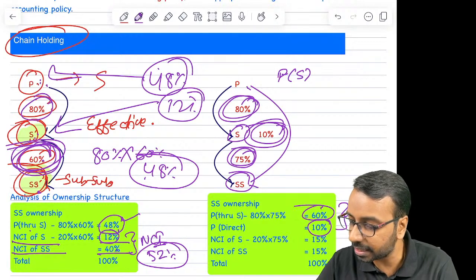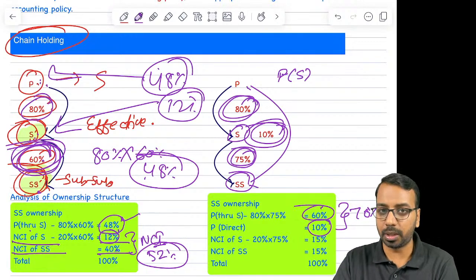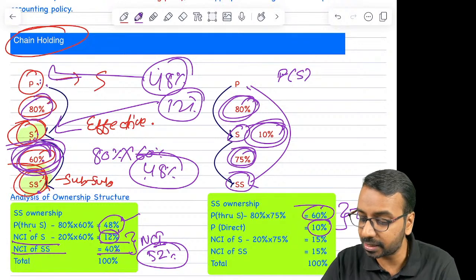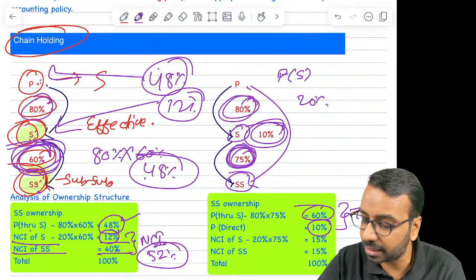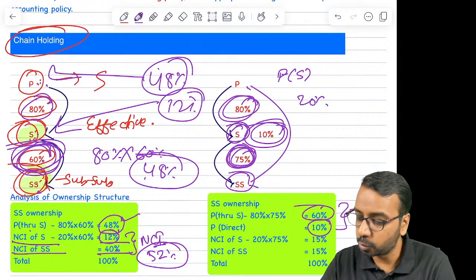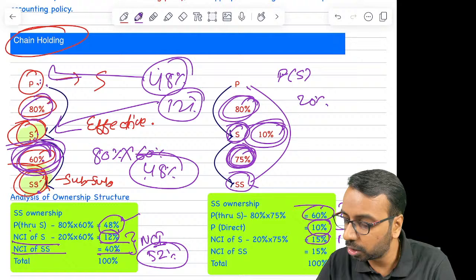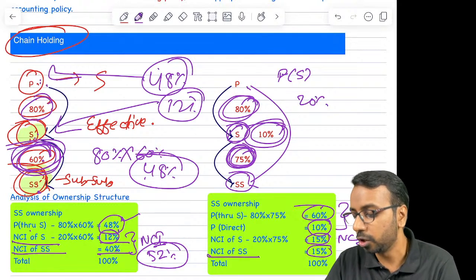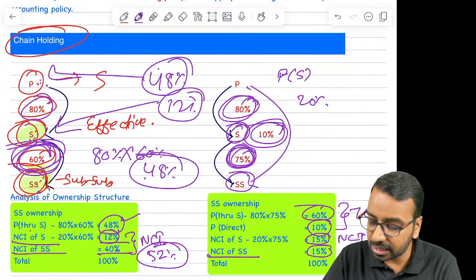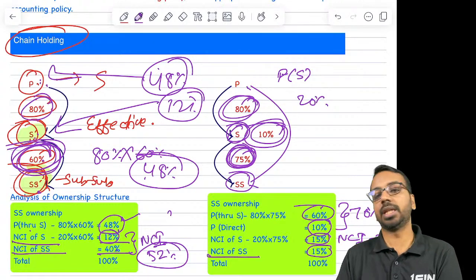So 60 plus 10, 70% becomes the controlling interest. What about non-controlling interest? Out of this 75%, 20% are controlled by NCI of S. So 15% becomes your non-controlling interest, and NCI of SS directly is 15%. So NCI becomes 30%.